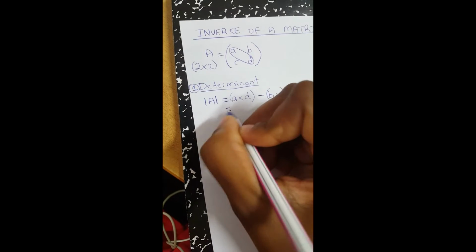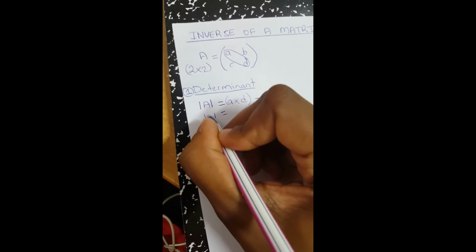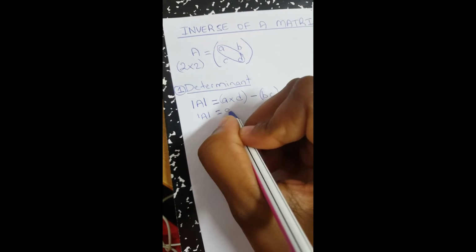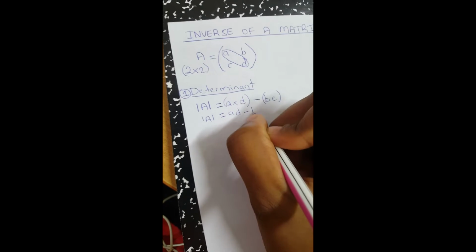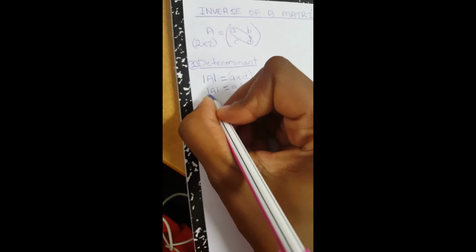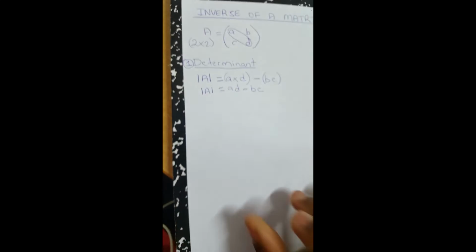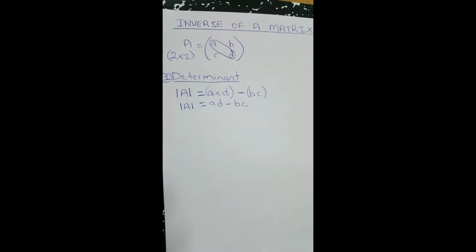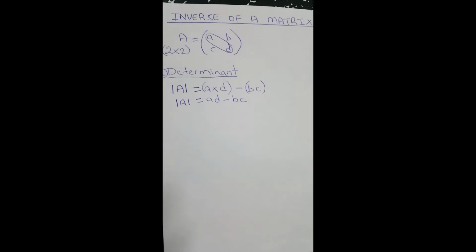Overall, the determinant of your matrix is ad minus bc. Remember, these are just variables I'm using to represent what we really need. We'll ultimately do an example involving real values.